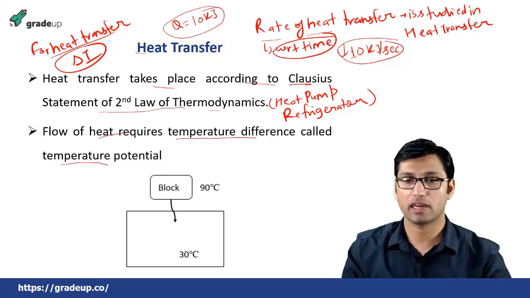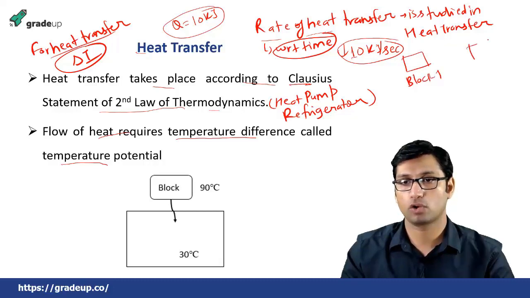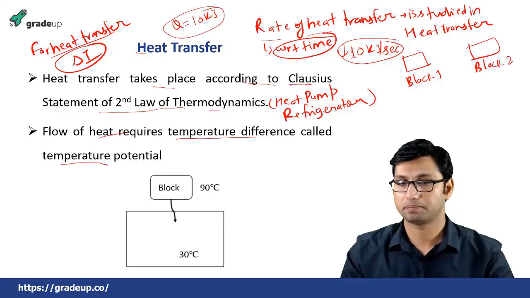Suppose there are two blocks, block 1 and block 2, and one block is at a temperature of 60 degrees Celsius and the other is at 30 degrees Celsius.